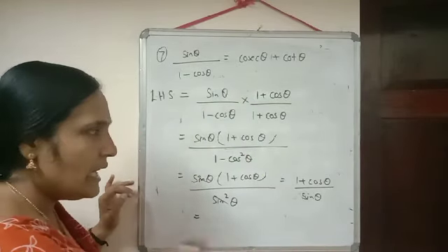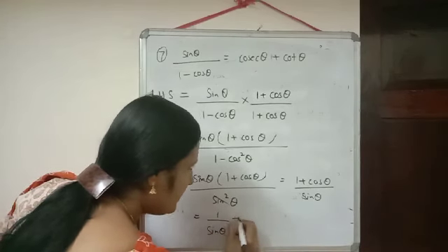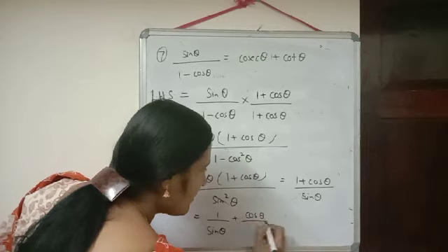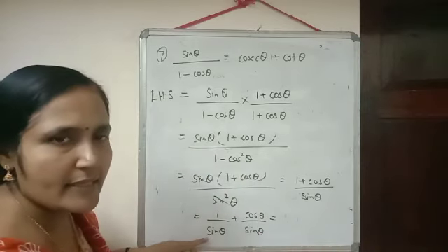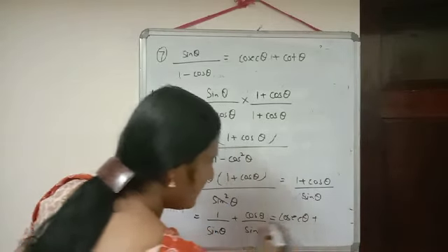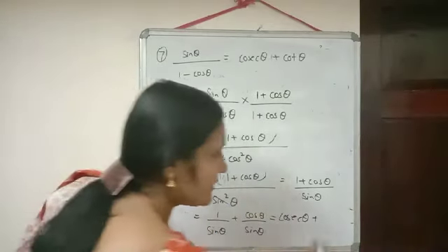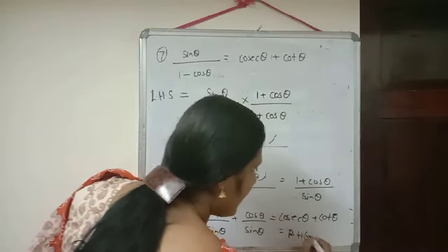Then what will we do? We'll write the terms separately. So it will be equal to 1 by sin theta plus cos theta by sin theta. And what is 1 by sin theta? Cosec theta. Plus cos theta by sin theta is cot theta, which is equal to our right hand side.